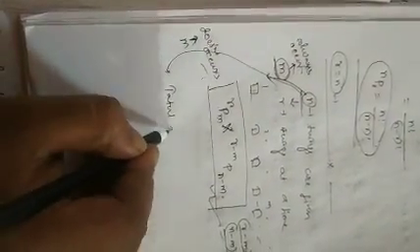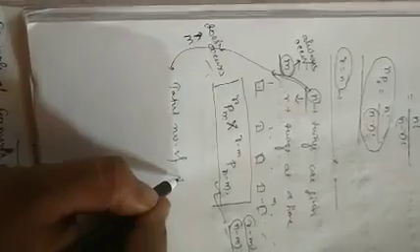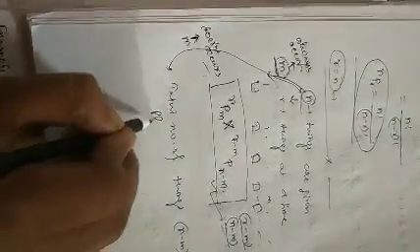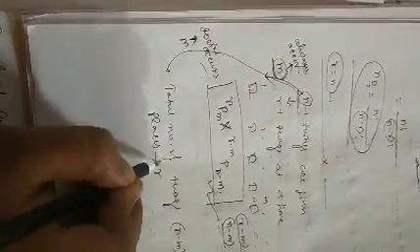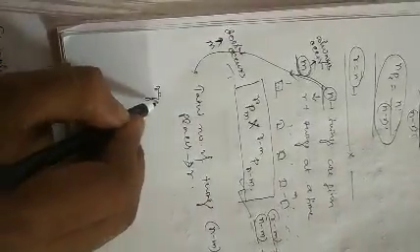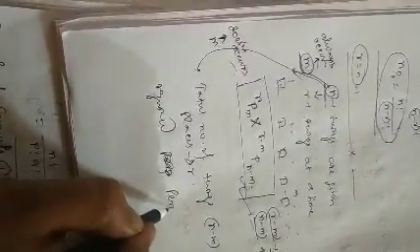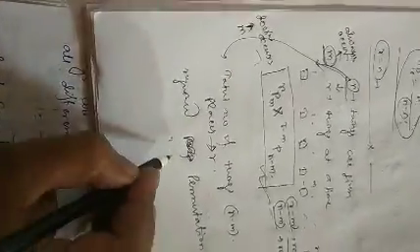Then the total number of things will be n minus m, and the places are r. So the required permutation, by the first formula, will be (n minus m)Pr.